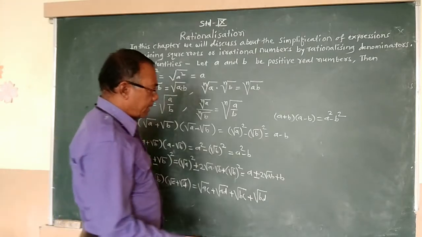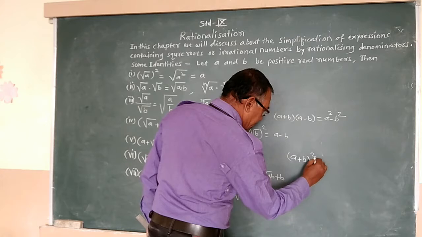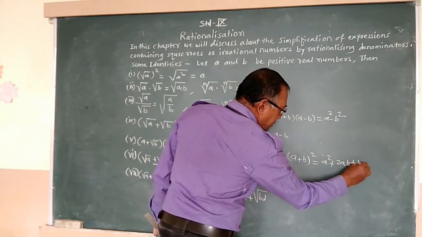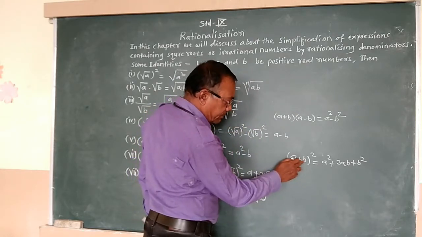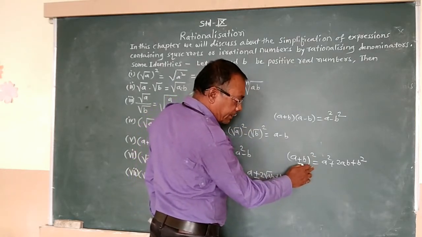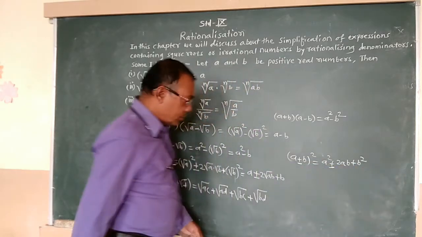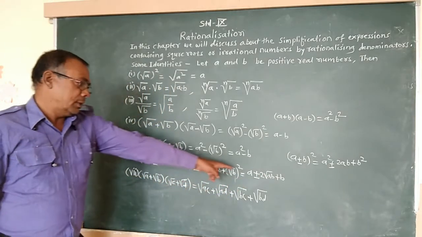Here we have applied the identity a plus b bracket square is equal to a square plus 2ab plus b square, or if the minus sign is taken, a minus b bracket square is a square minus 2ab plus b square. The same identity is applied here and we have got the result.